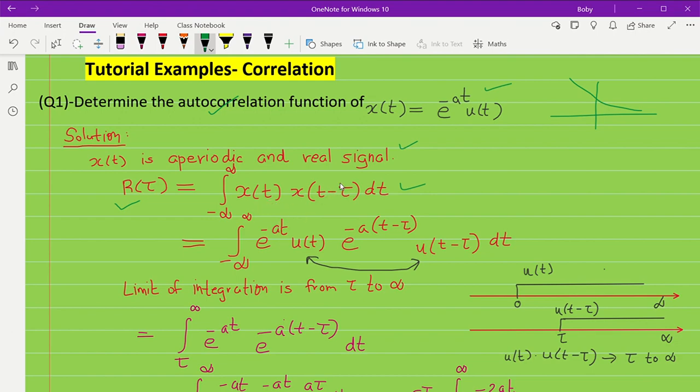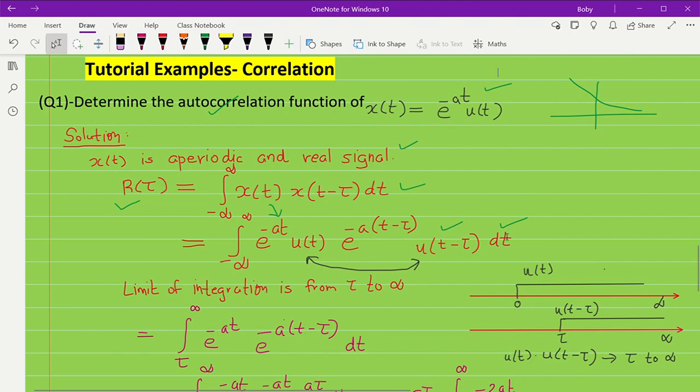So our x of t is e raised to minus at into u of t. Let us substitute the value of x of t. Integral minus infinity to infinity, e raised to minus at u of t, times x of t minus tau, so in place of t we put t minus tau: e raised to minus a t minus tau u of t minus tau dt.